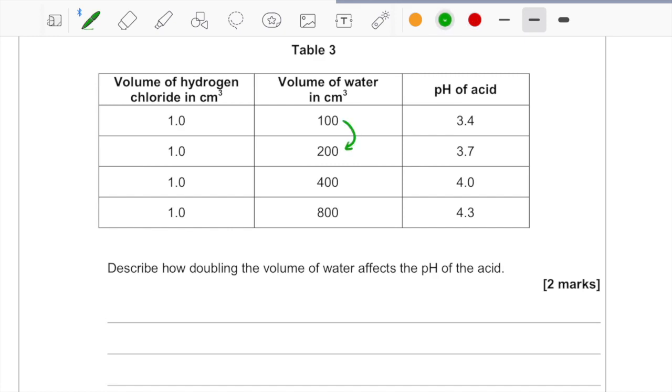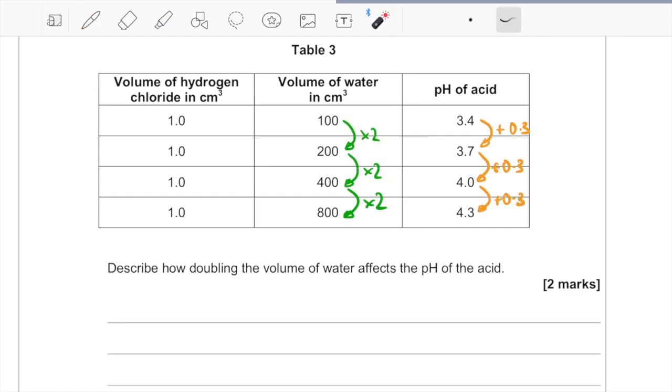So that's times 2. That's the doubling. Now it's a very clear change that they're making. So we want to see, is there a very clear change in the pH? Well, the change there is plus 0.3, and there it's plus 0.3, and there it's plus 0.3.